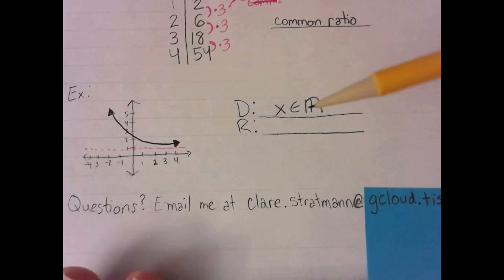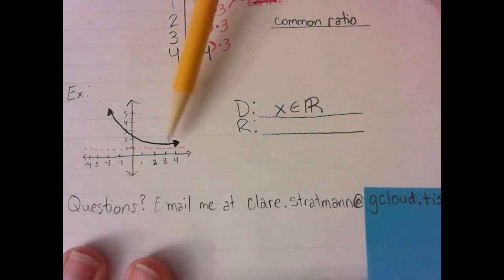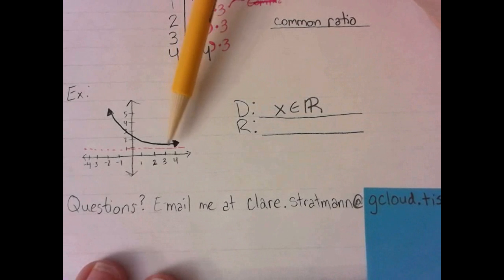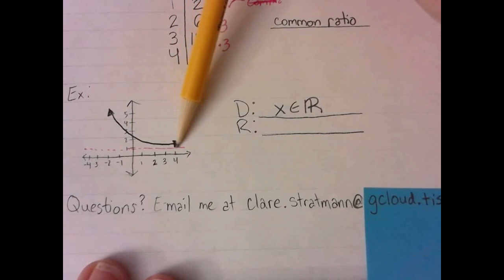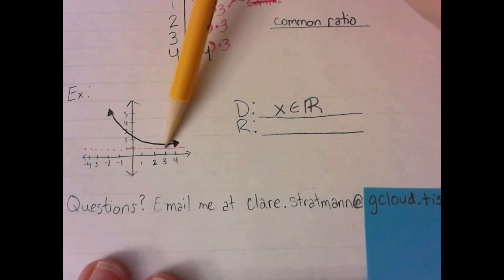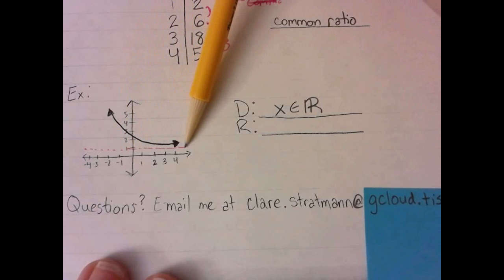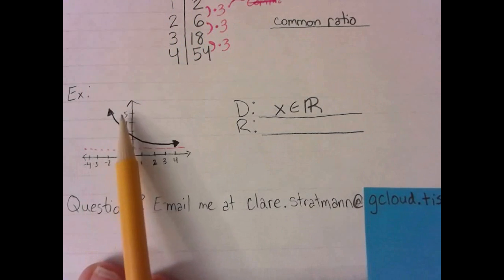Y is a little harder. So y, we got to ask, is there a point going down for our range? Is there a point going down where it stops? Well, yeah, here's our asymptote. Again, good word to know, asymptote. It never quite reaches y equals 1. It's going to get really close, but it's never going to equal 1. And then going up, it should be easy to see.